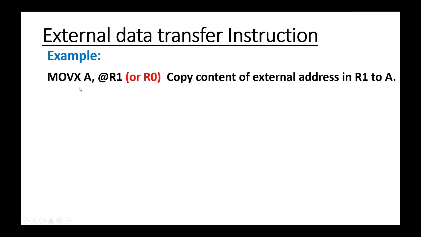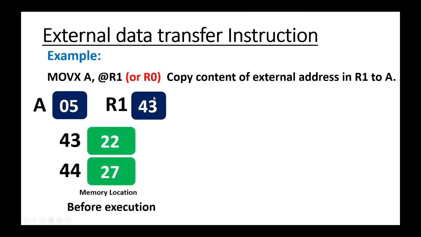First example, MOVX A, @R1, or if you don't want to use R1 you can go for R0. It's copying the content of the external address which is given by R1 to the accumulator. So let's assume some data over here. Initially A is having 05, R1 is having 43. The content of R1 here is 43, which is nothing but the address.